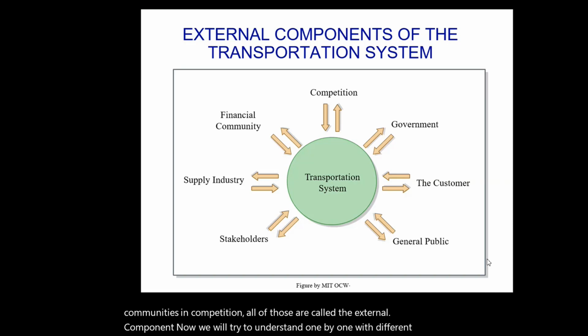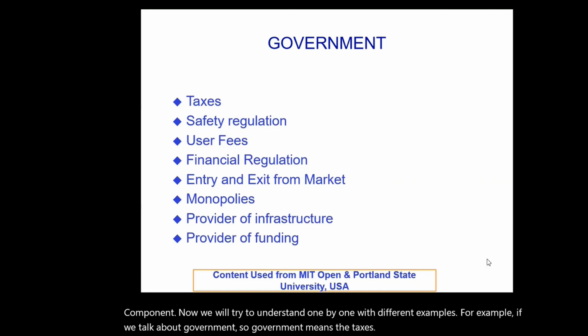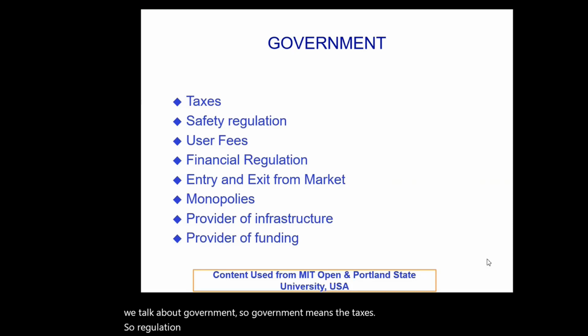For example, if we talk about government, government means the taxes. Regulation is a key concern of the infrastructure industries, for their consumer citizens and for their governments.